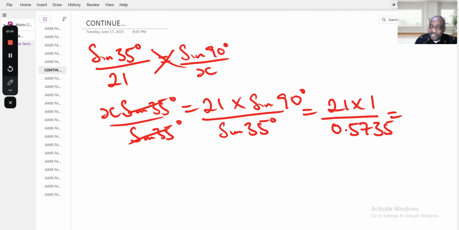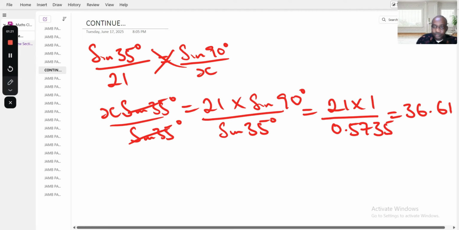Now let's divide. 21 divided by 0.5735 gives us 36.61. Now our final answer for y is what?